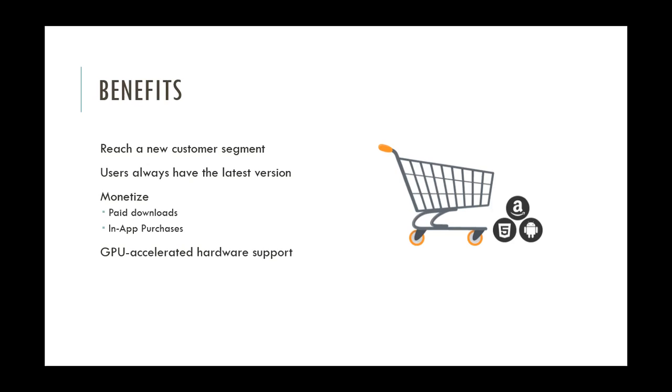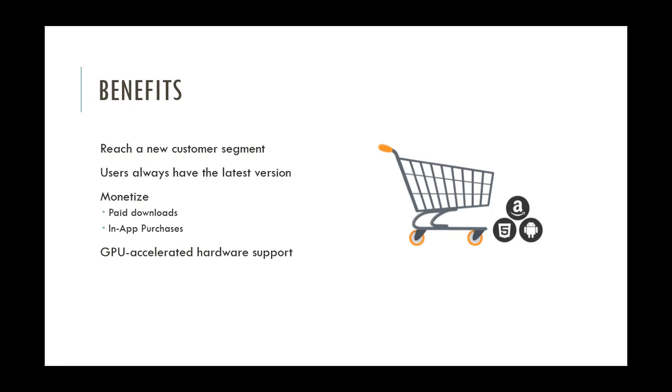Now, you can make your app available offline as well, if that's what you want, by using the HTML5 App Cache API, which allows you to set which assets of your app get stored locally on the phone. You can also monetize your web apps in the Amazon App Store by charging for downloads or by implementing the in-app purchase JavaScript API.